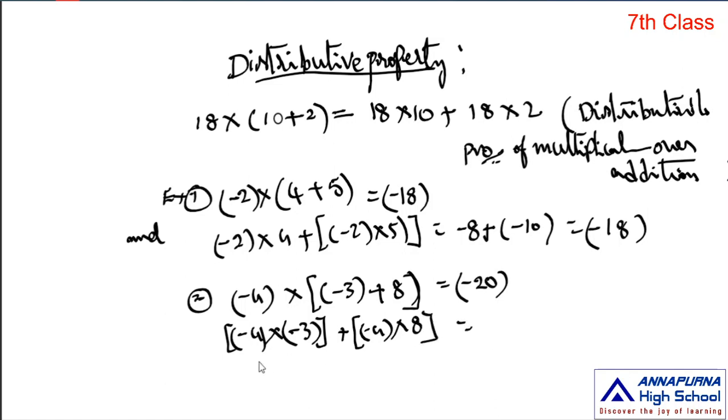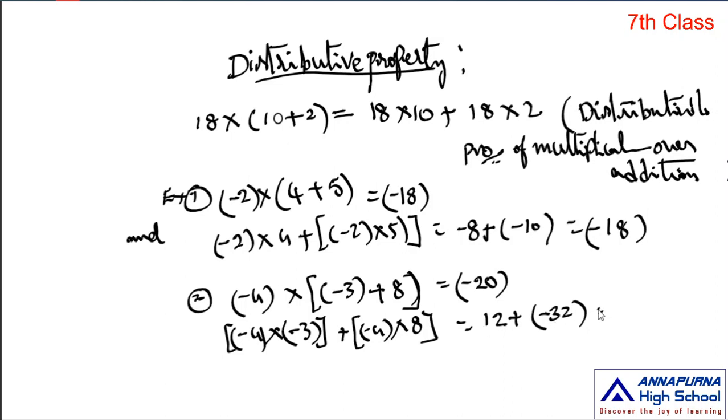I will say how much? 4 3s are 12. Product of two negative integers is positive. 4 3s are 12. Plus of how much? 8 4s are 32. Product of a positive and negative gives negative. 8 4s are 32. Now addition of positive and negative.